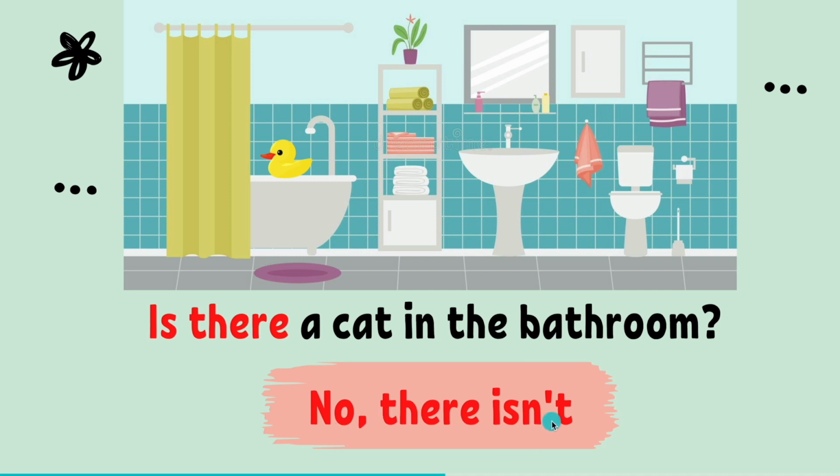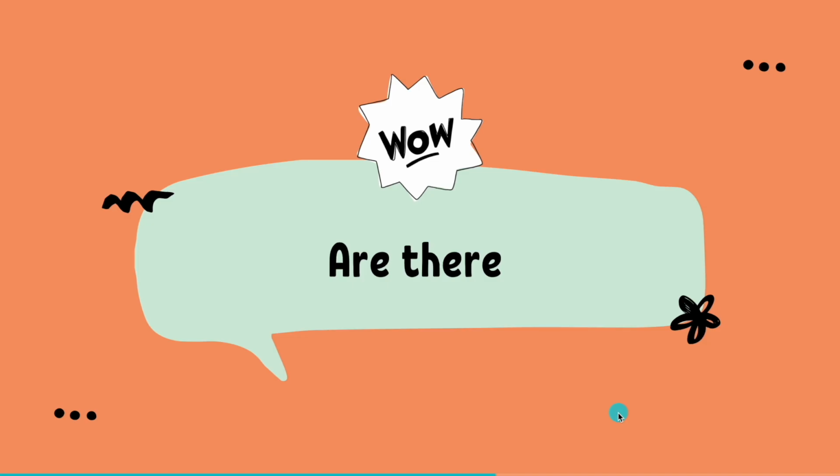Kita pakai isn't again macam yang Miss cakap sebab singular. Okay? Jadi, awak ingat bila is equal to singular. Satu. Jadi, satu a. Alright? Jadi, jawapan dia no, there isn't.